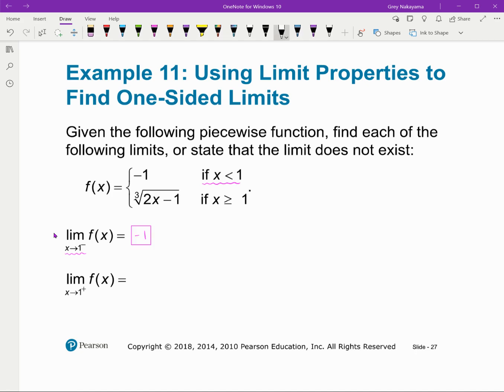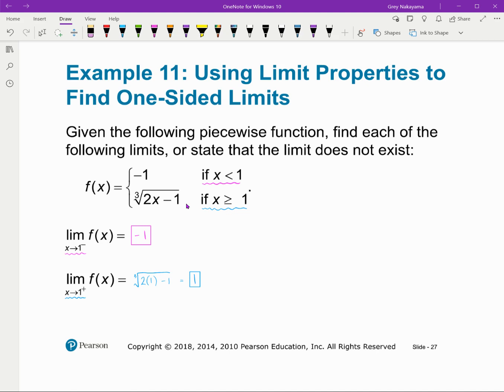Now, when I go down to this second one, and it says, find the limit of f of x as x approaches 1 from the right, that means those numbers are greater than 1. So I'm going to use the bottom function, and when I plug in 1, 2 times 1 is 2, minus 1 is 1, and the cube root, I put that in here, sorry, forgot. 2 times 1 is 2, minus 1 is 1, so the cube root of 1 is 1.